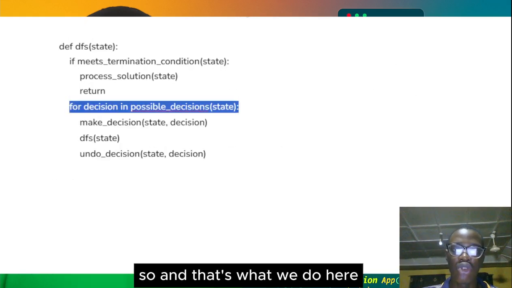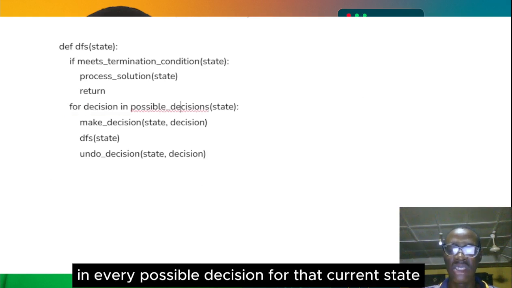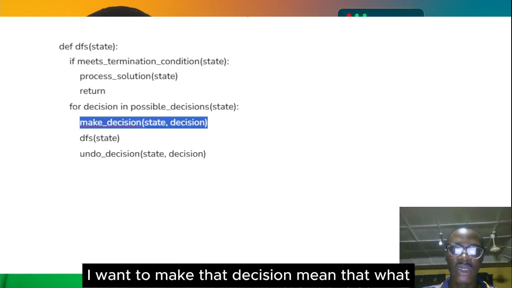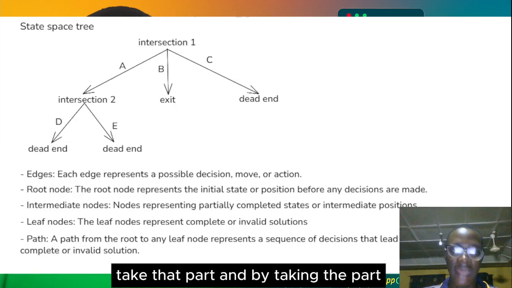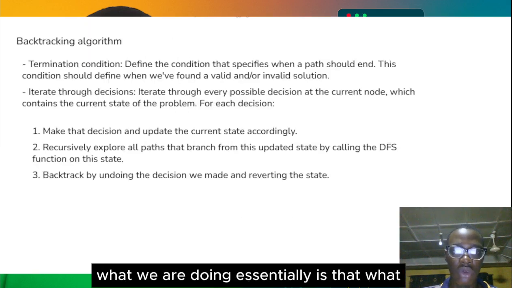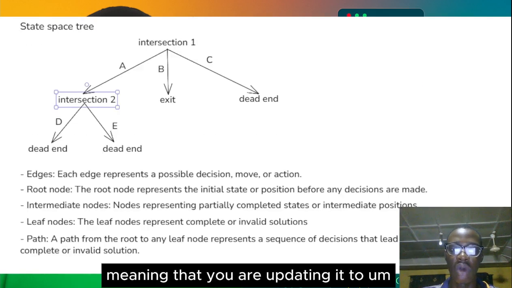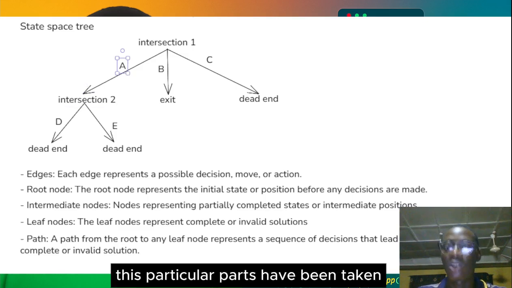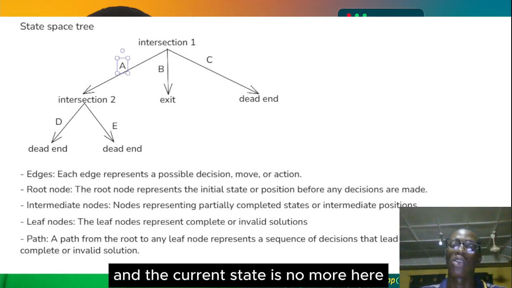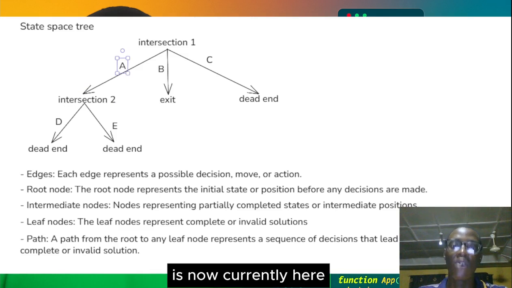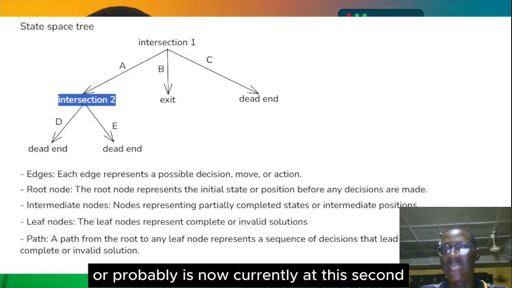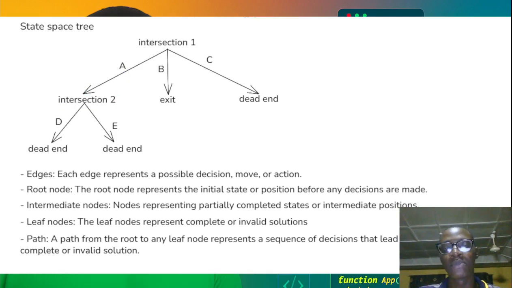That's what we do here: for each possible decision in the current state, we make that decision, meaning we take that path. By taking the path, we are making that decision and updating the current state accordingly, meaning that this particular path has been taken and the current state is no longer here, but is now currently at this second intersection, right?